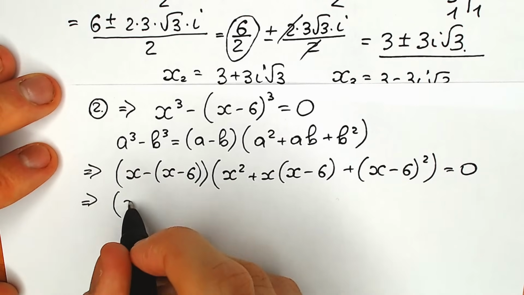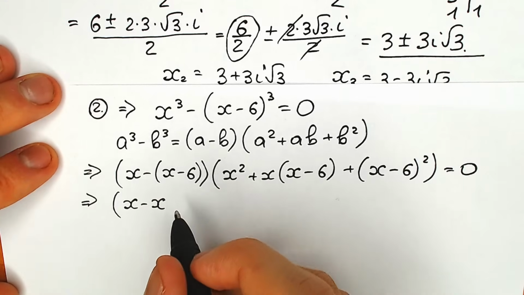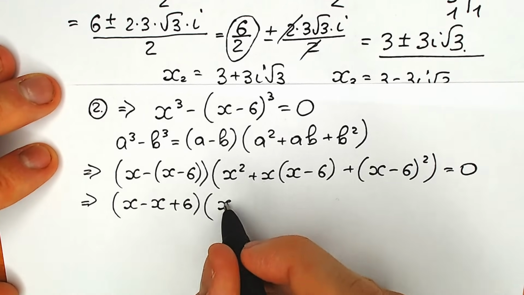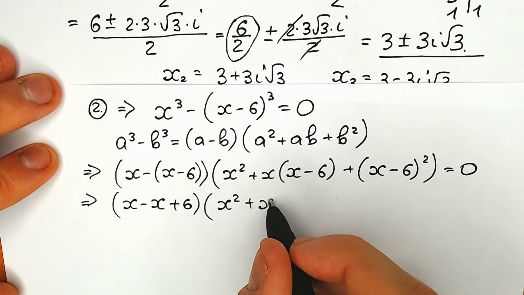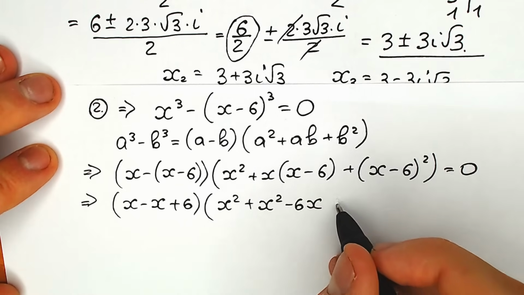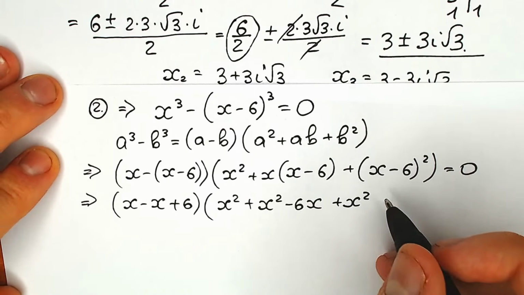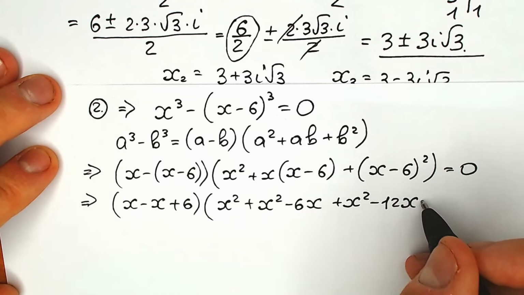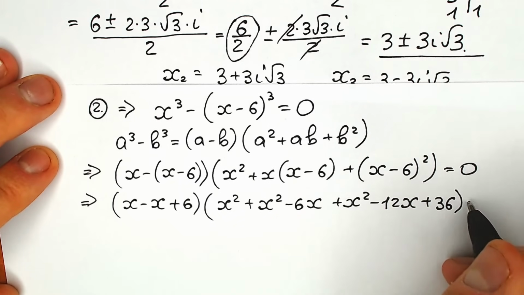We're gonna have x minus x and plus 6, and in the second parenthesis we will have x squared plus x squared minus 6x plus x squared minus 12x according to a formula, and plus 36 is equal to 0.